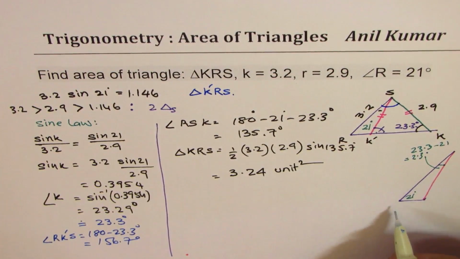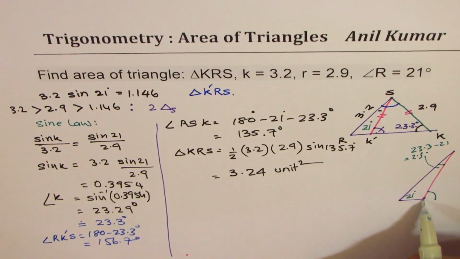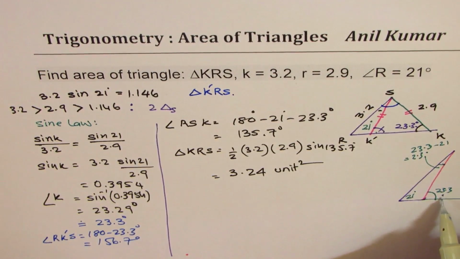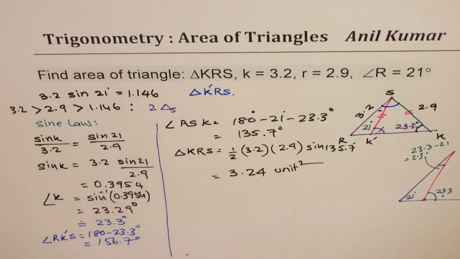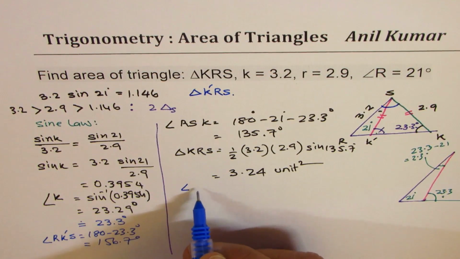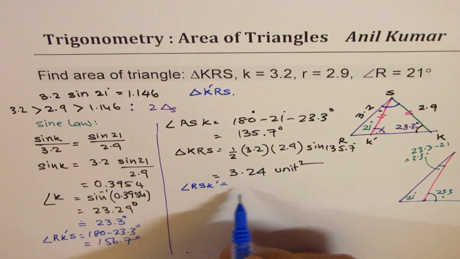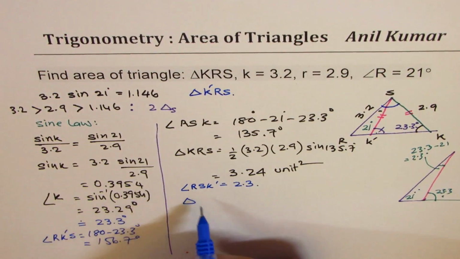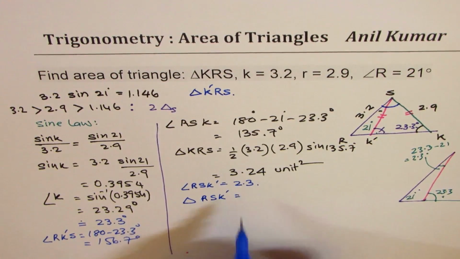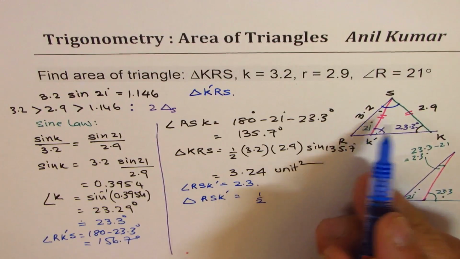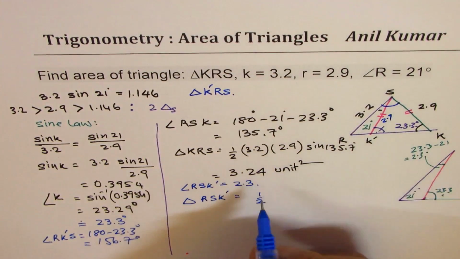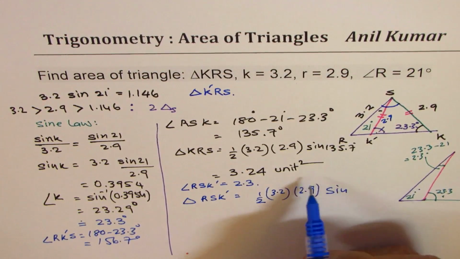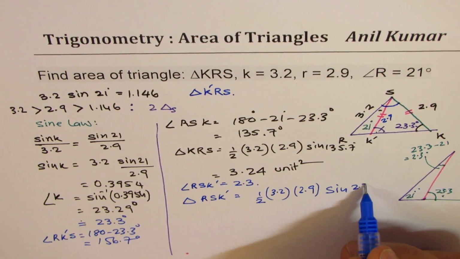Is it okay? Since this angle is the external angle, which is 23.3, if we add these two, we should get the external angle. So we are using that. Is it okay? So what we know from here is that the angle RSK' is equal to 2.3, and therefore the area of the smaller triangle RSK' is half of the product of these two sides, because this is also 2.9, both are the same, 2.9 times sine of the angle, which is 2.3 degrees.